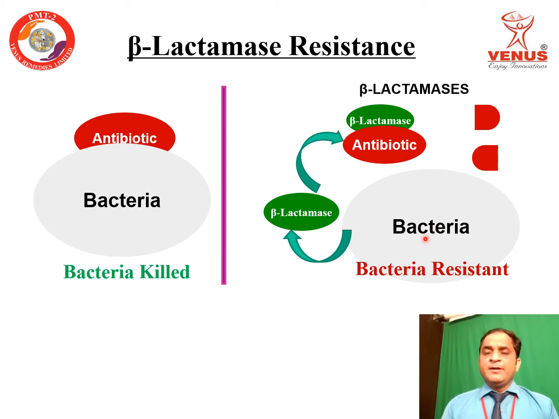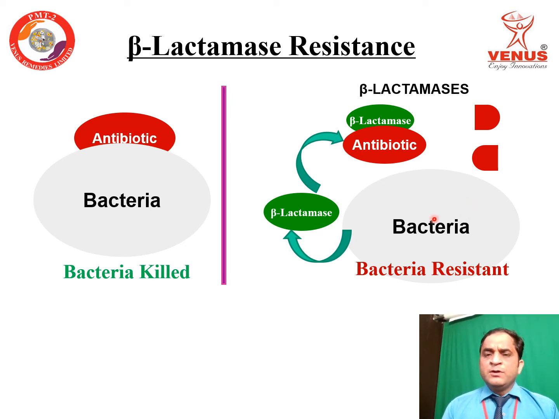So here again I would like to repeat that the enzyme which is produced by the bacteria, that is beta lactamase enzyme, attacks the antibiotic, and by attacking the antibiotic it destroys it. Now you can see that this is the destroyed form of the antibiotic, and this destroyed form can't kill bacteria.